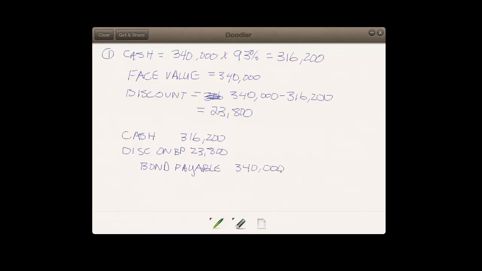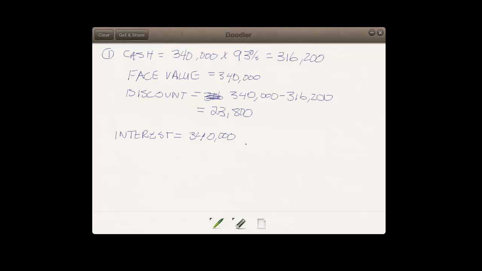Number 2 says record semi-annual interest payment on September 1st. Okay, so how much is that interest payment? Let me make a little room here. The interest payment is equal to the face value of the bonds, $340,000, times the rate.